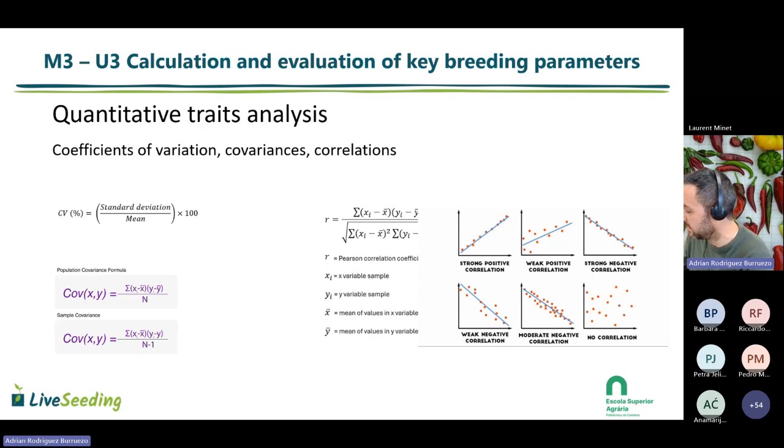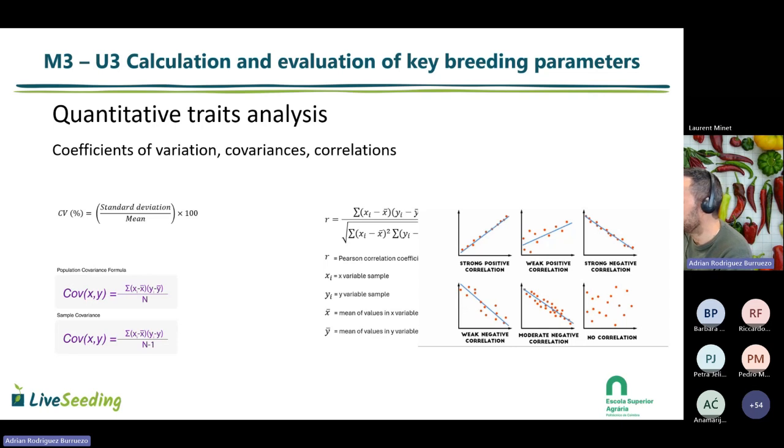That means that high values of the trait X are highly related with high values of the trait Y. Okay, and also the contrary. Low values of the trait X are highly correlated with low values of the trait Y.